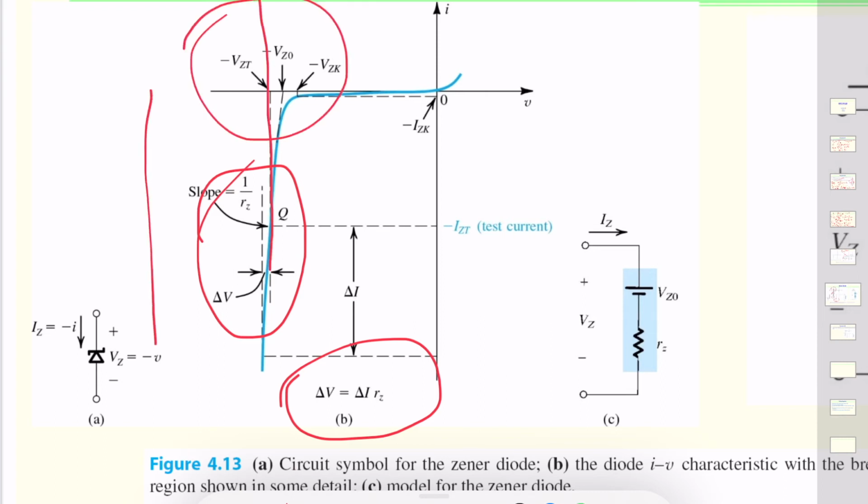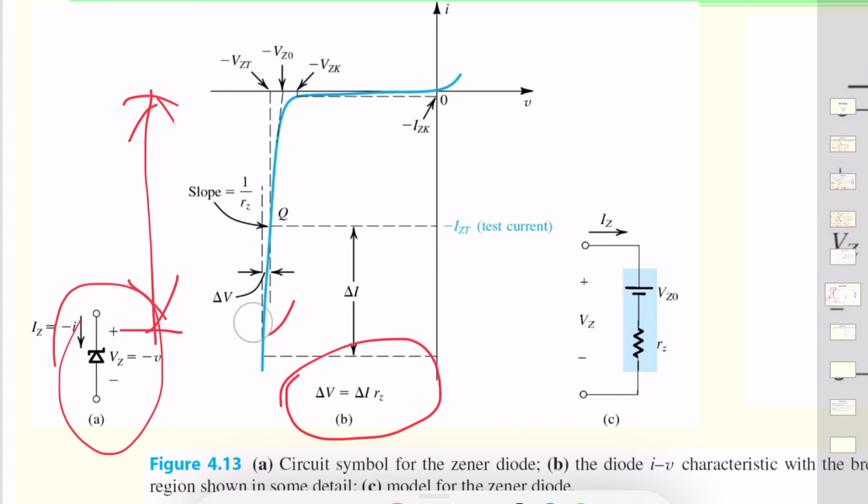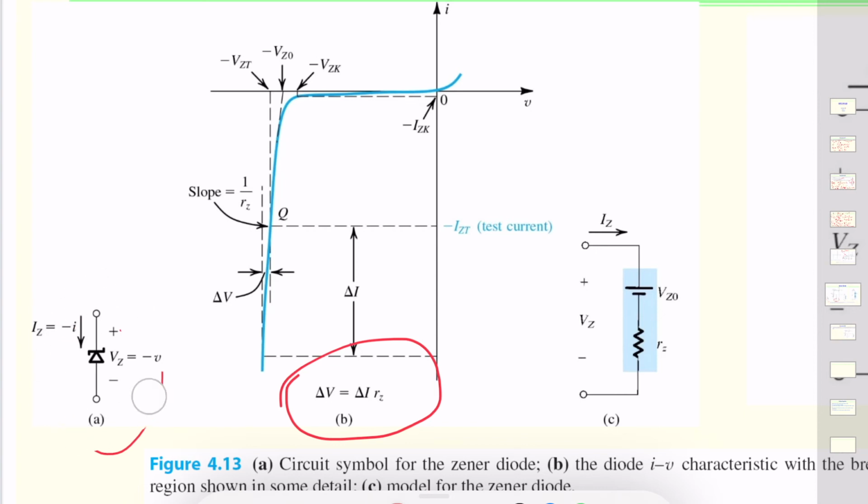The current is dramatically changing across a big range, but our voltage change is very small. So the voltage across a Zener diode is of our interest in voltage regulators. Our circuit in parallel to the Zener diode would see very small change in the voltage, and hence the concept of voltage regulator.